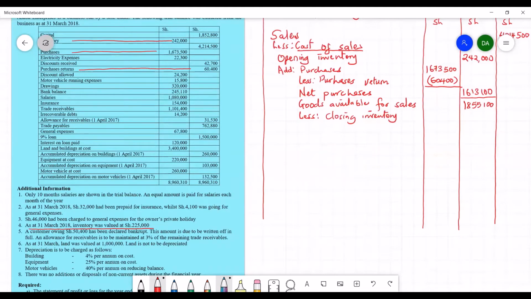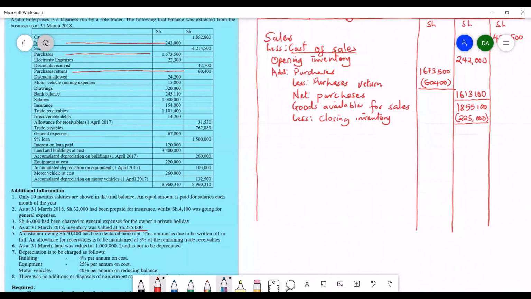So we subtract 225,000, which is the closing inventory, and we are going to remain with a total of 1,630,100. And this is known as cost of goods sold.